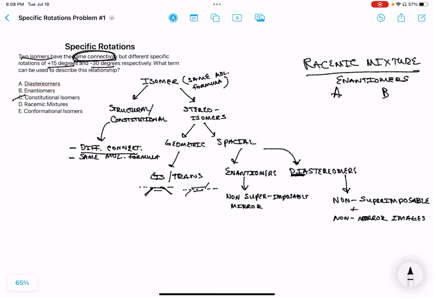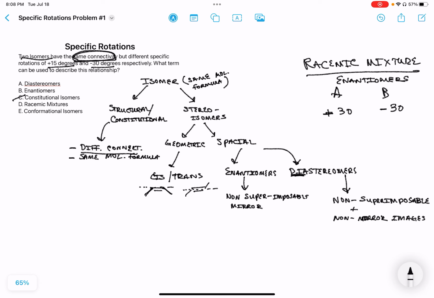The optical activity of enantiomer A versus enantiomer B is going to be the same magnitude but opposite direction. So the magnitude would be 30 for each, but in opposite directions.